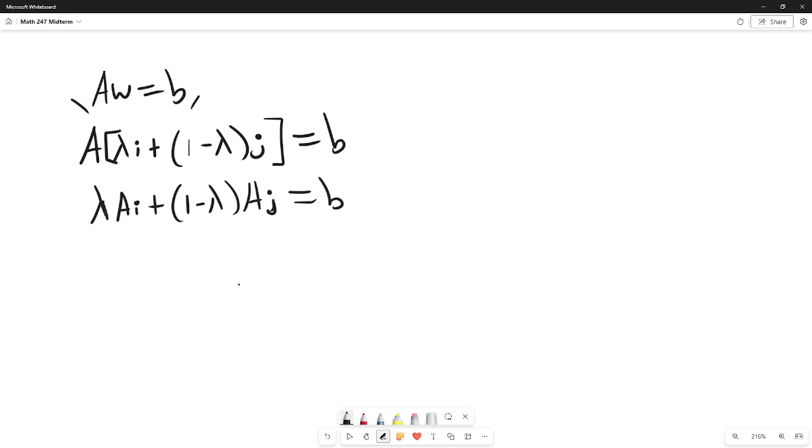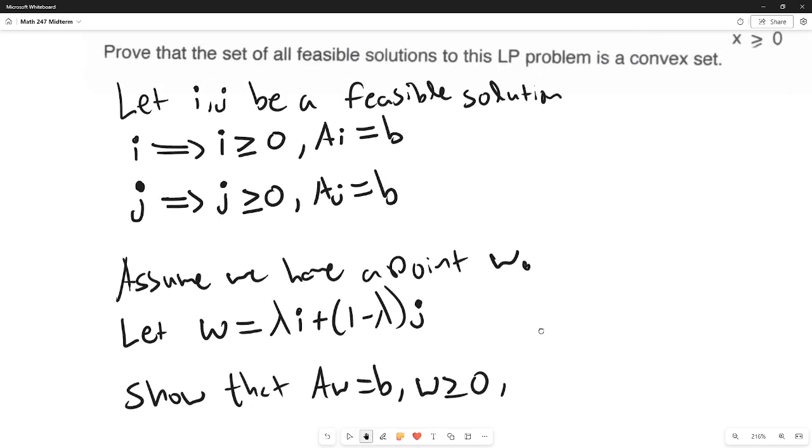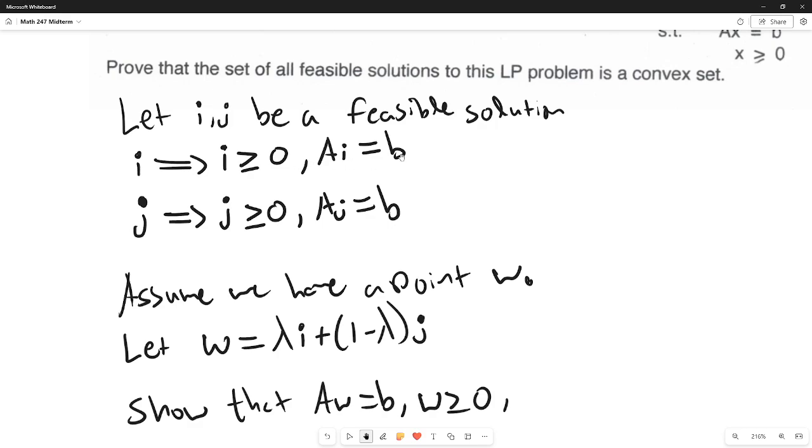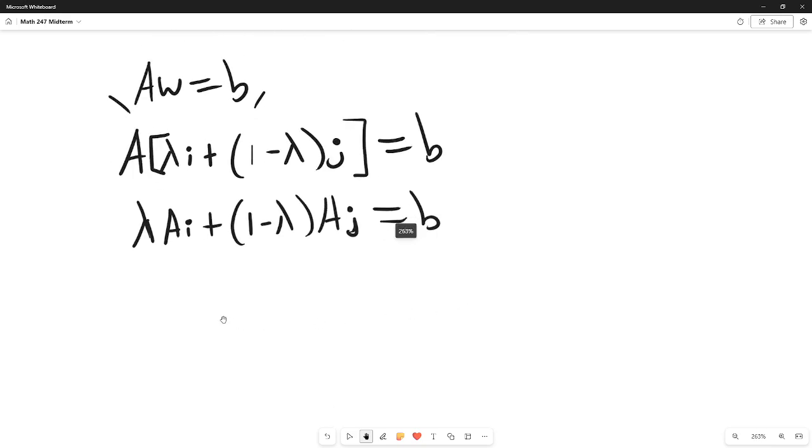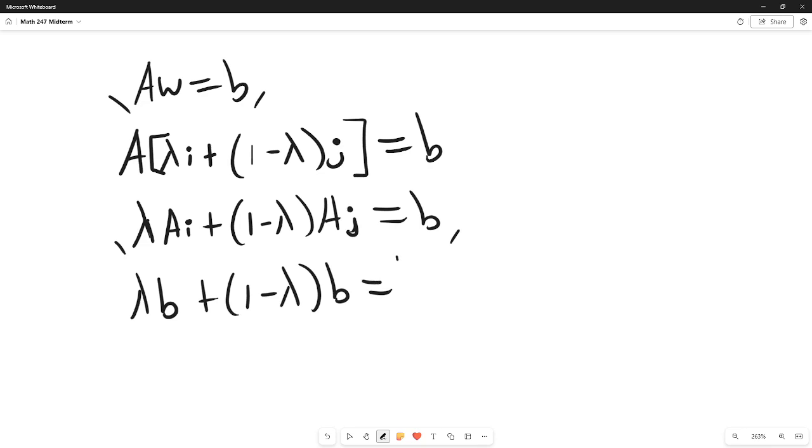We said that AI is equal to B, and we said that AJ is equal to B. Right? If you check up here, AI is equal to B, and AJ is equal to B. So we're going to substitute those values. Where lambda B plus 1 minus lambda B is equal to B.